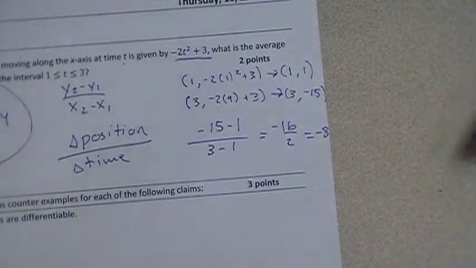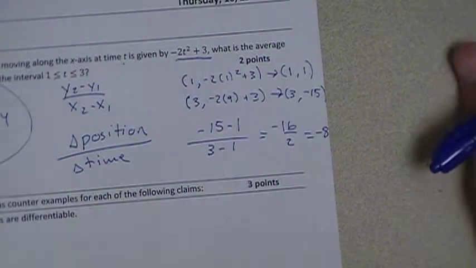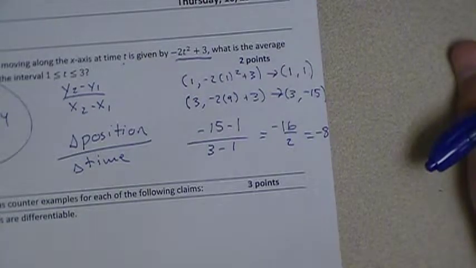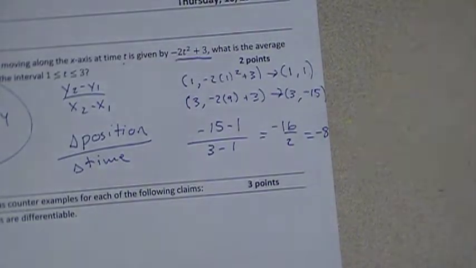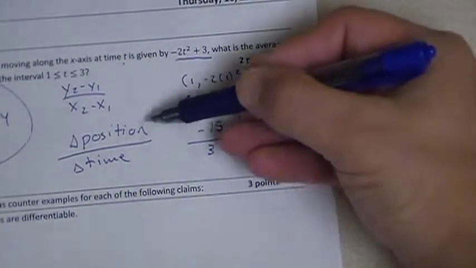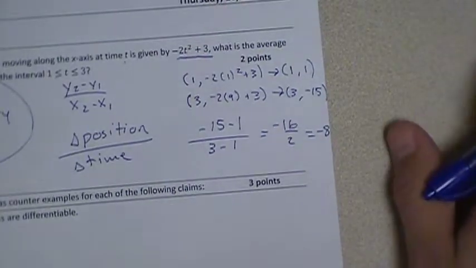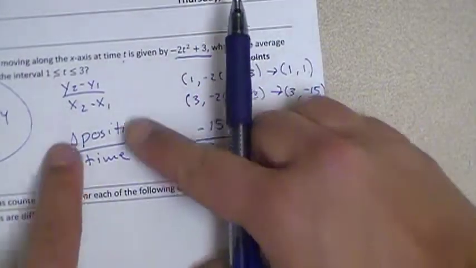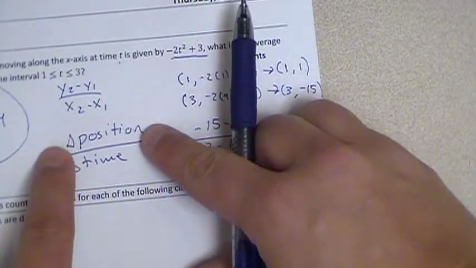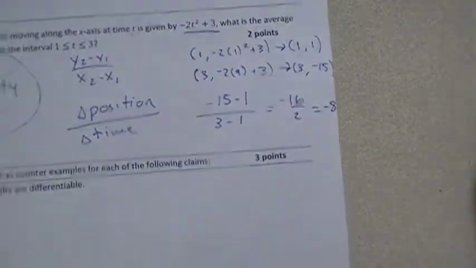If position was measured in feet and t in seconds, this would be feet per second, or miles per hour, or whatever the units are. Here they weren't specified. But average velocity uses the regular slope formula: change in the dependent variable divided by change in time.